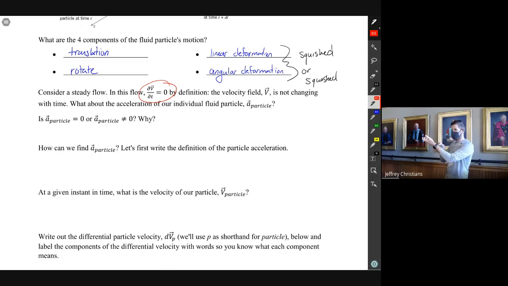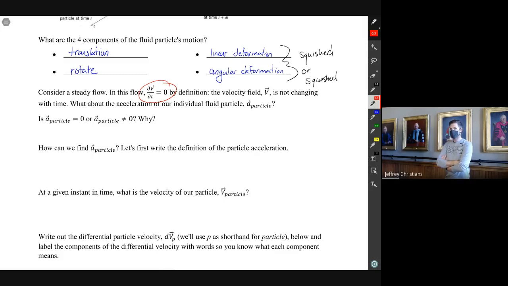They're shooting the fire hose at the wall. You are a fluid particle in that system. Imagine your trip. Where do you go? Do you accelerate? Do you decelerate? Do you experience a change in direction?